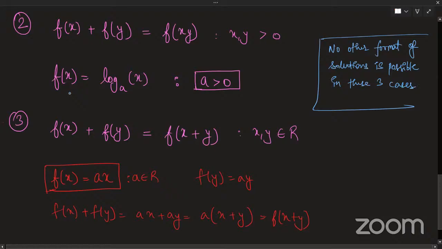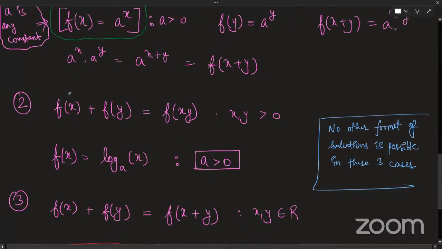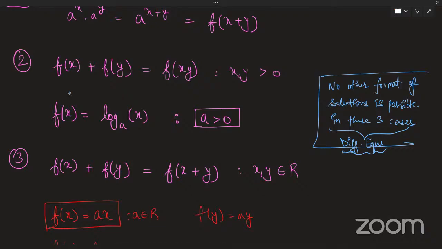And its proof, like if I have any one of these three kinds of functional equation, how will only this type of function stand? No other type of function will stand. So its proof we will be doing when we study differential equations. There is a chapter by the name of differential equations. I'm not sure, but in the NCERT syllabus, it is in class 12th.